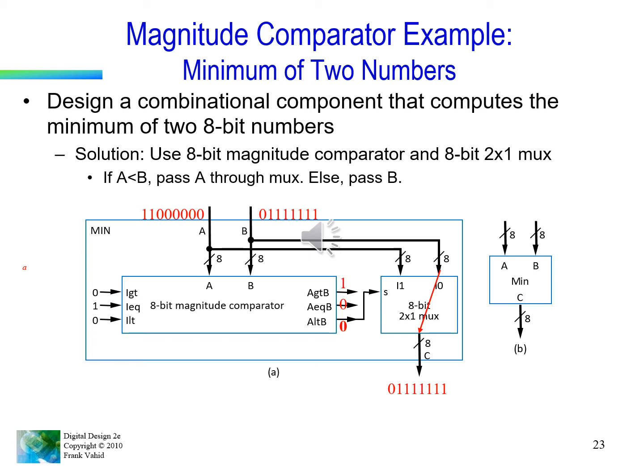The multiplexer inputs are the two inputs A and B. If A is less than B, then this will become 1, so A will be passed. If A is not less than B, this output will become 0, and then B is passed. So the minimum of the two is passed to the output. In this way, we have designed a minimum of two numbers circuit.